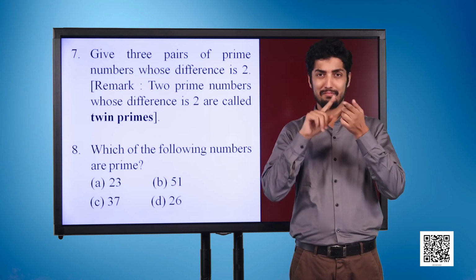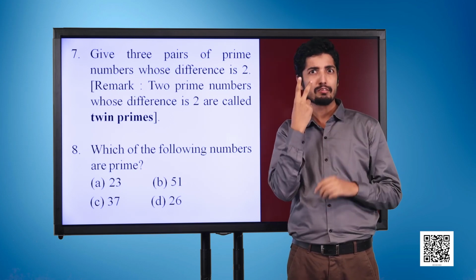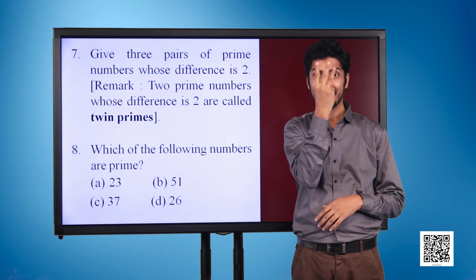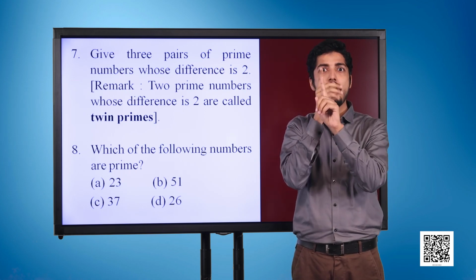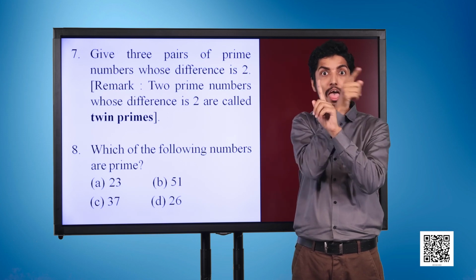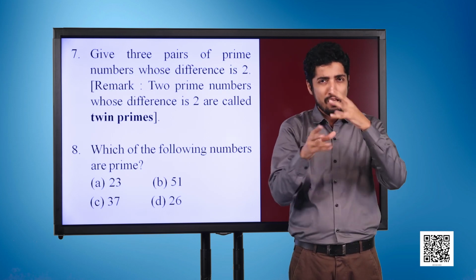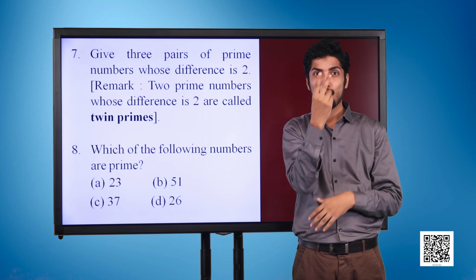Give three pairs of prime numbers whose difference is 2. Remark. Two prime numbers whose difference is 2 are called twin primes.